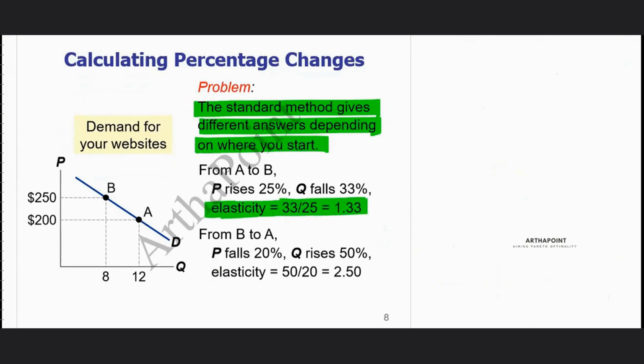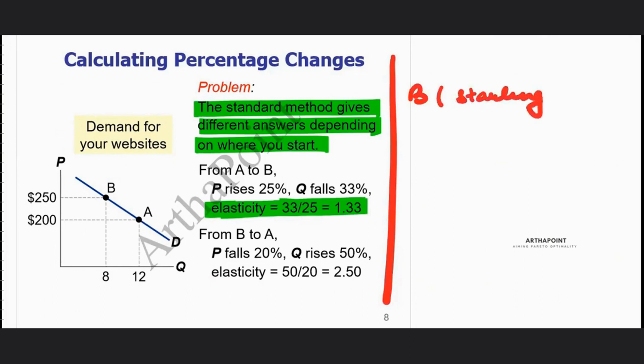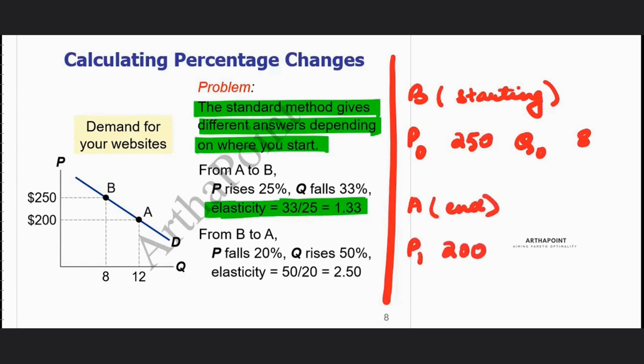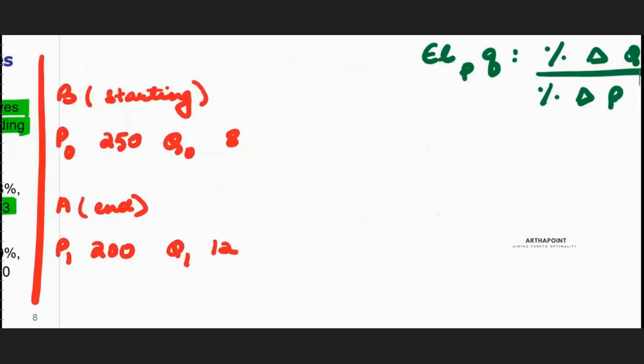But if I change my start and end point, suppose I take my starting point as B, so initial price was 250, initial quantity was 8, and A is my end point. The price has decreased and quantity has increased, so the entire answer will change.